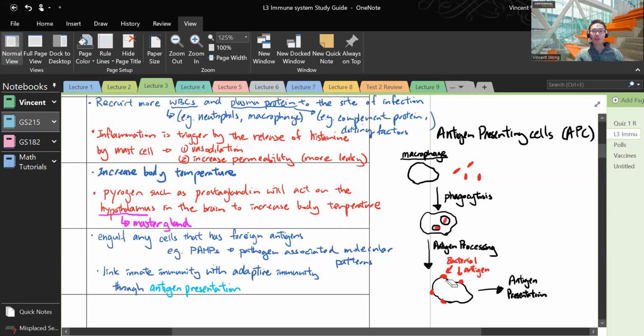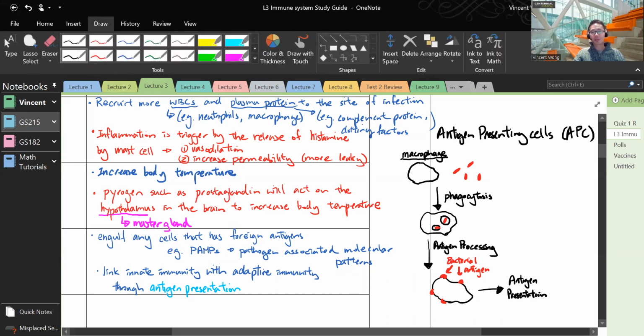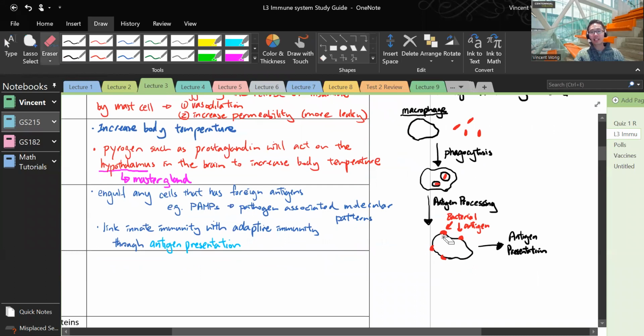Remember, this is an oversimplification of the whole process because we're doing an introductory course. In reality, these little things are actually placed on top of special receptors called MHC receptors. When the bacterial antigen is placed on these special receptors, the cells know that this is part of our team, and we should not be attacking them.